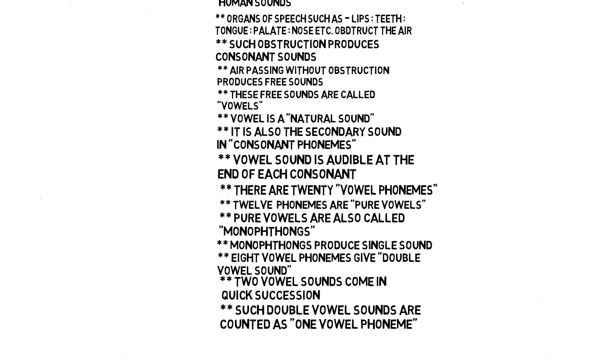Let us now take up the theory of all the 20 vowel phonemes and find out how each one is pronounced. 12 out of these phonemes are pure vowels or monophthongs.